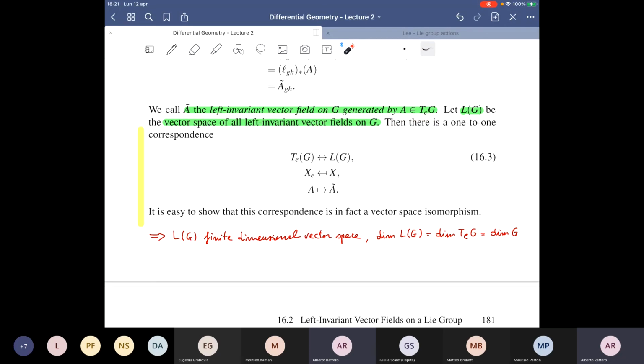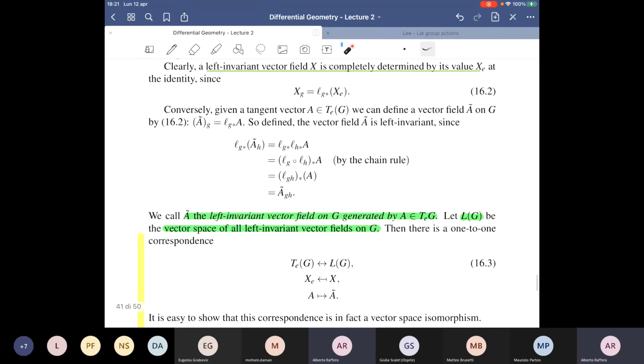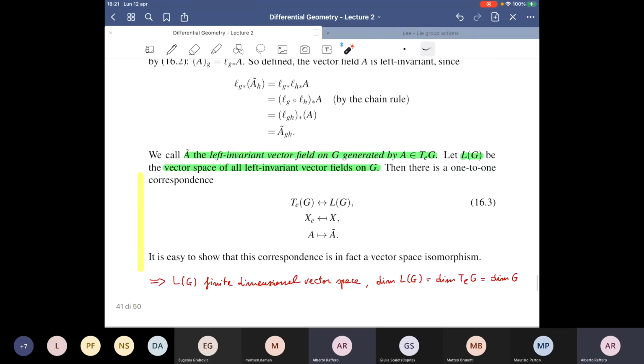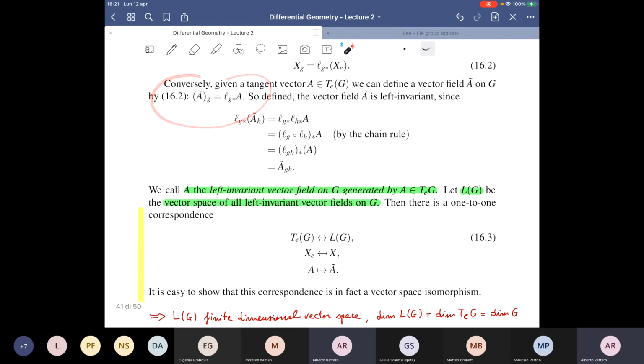And now, if you denote by this symbol, capital LG, the vector space of all left invariant vector fields, then we get a one-to-one correspondence from this discussion here. Start from a tangent vector at the identity and extend it to a left invariant vector field A twiddle in the way we discussed here.